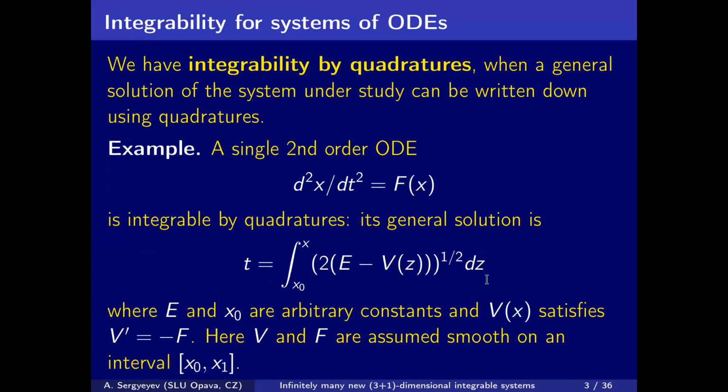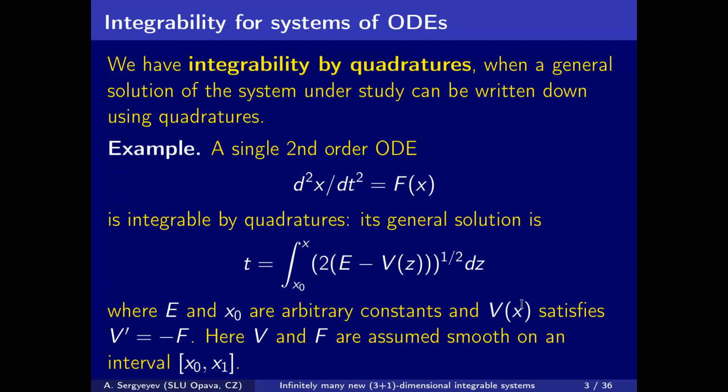So, again, proceeding with a reminder, for ODEs or systems of ODEs, we have a quite nice and clear notion of integrability by quadratures. We say that our system is integrable by quadratures if its general solution can be written using quadratures.